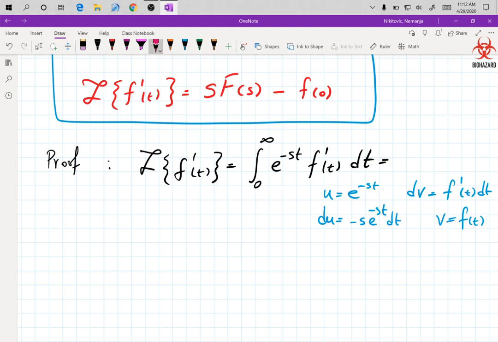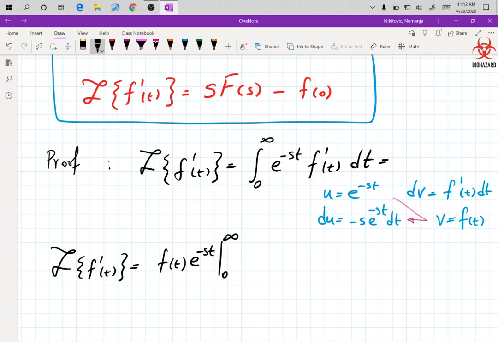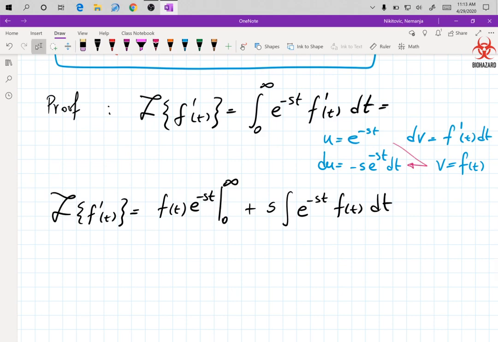So now when you put the formula together for integration by parts, you get that the Laplace of f prime of t is given by f of t e to the negative st from 0 to infinity, minus, well, there's supposed to be a limit, minus negative s times the integral of e to the negative st times f of t dt. When you plug in infinity, it goes to 0. When you plug in 0, you just get f of 0.